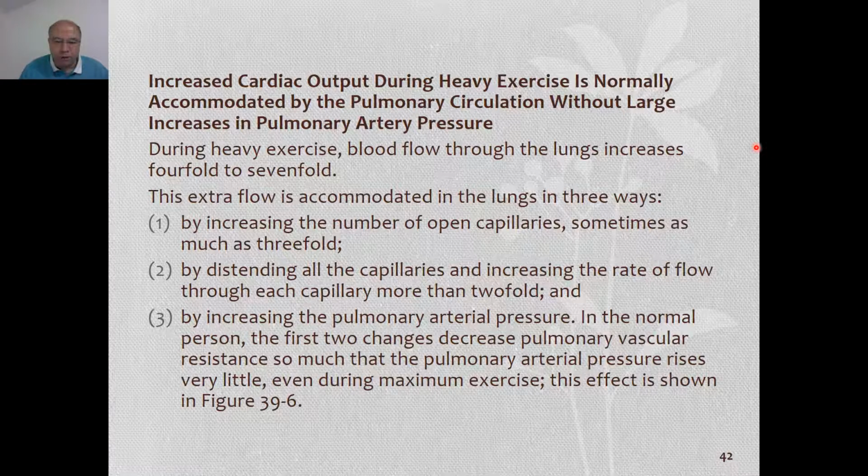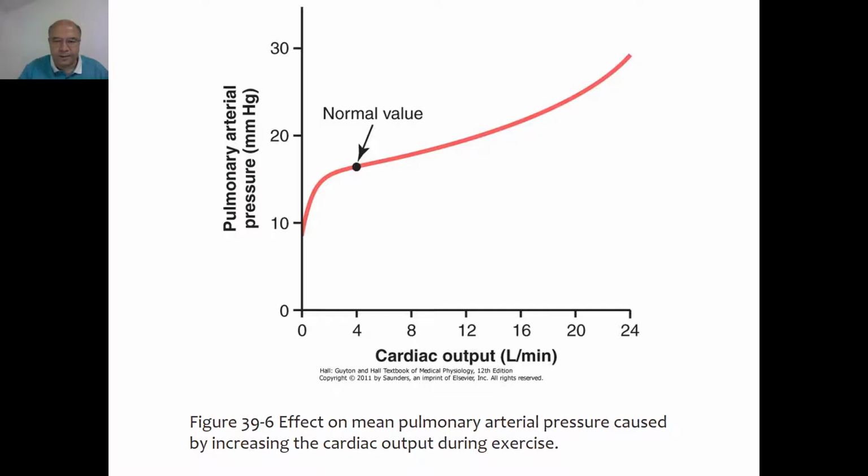In the normal person, the first 2 changes decrease pulmonary vascular resistance so much that the pulmonary arterial pressure rises very little even during maximum exercise. This effect is shown in figure 39.6. So here you see the cardiac output. Normally it is about 5 liters per minute, and during exercise it increases sometimes to 4 times, 5 times, as you see.